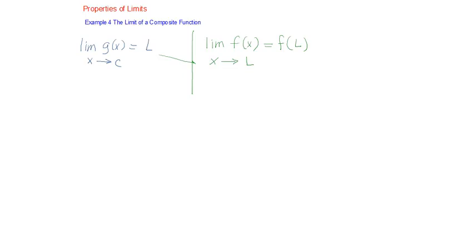So this means I have a function that gives me a limit L as x approaches c, and I use the same L as a c value for another function, where I plug in L. Then, if I want to use this limit of this function, but instead of using this x right here, I plug in this function, and instead of using this limit, I use c as x approaches c.